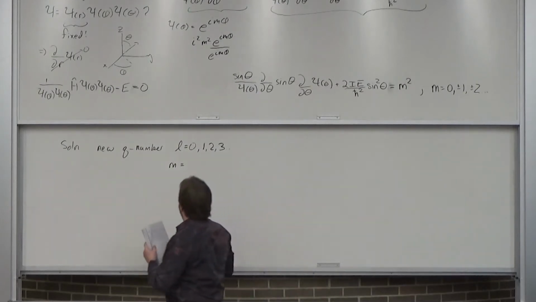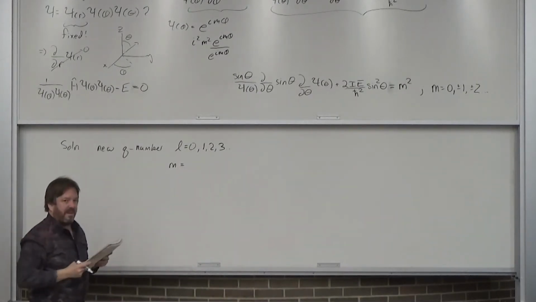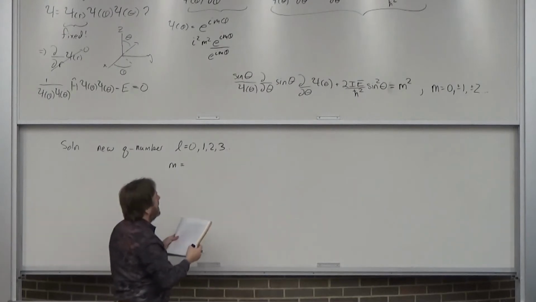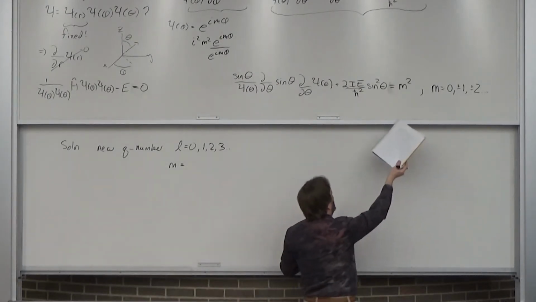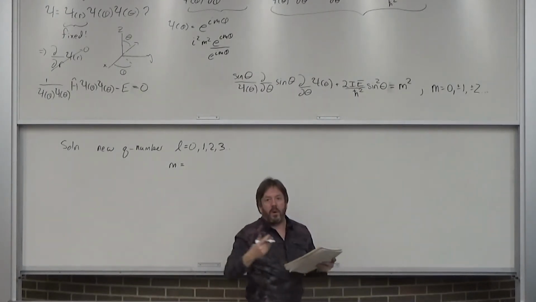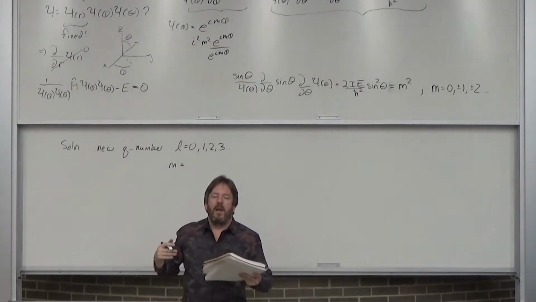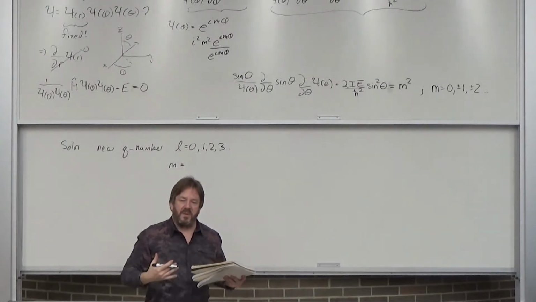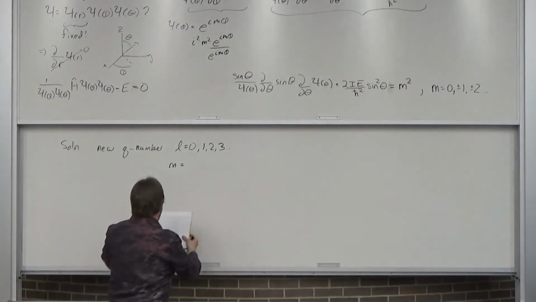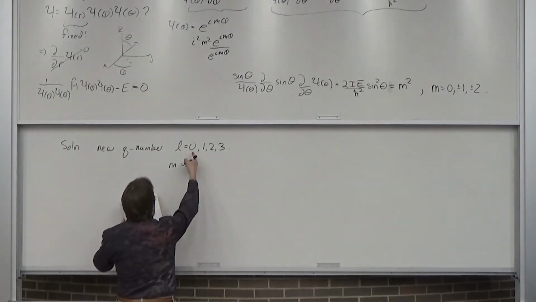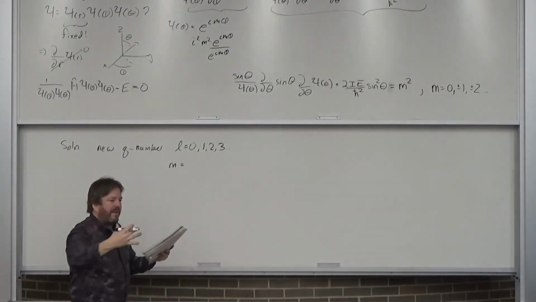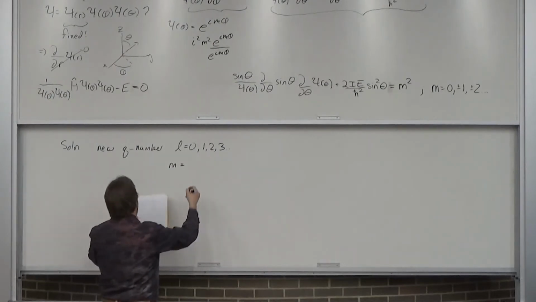What you find is that L can be 0. But then if you plug in bigger numbers of m, 1, 2, 3, 4, on and on, you're going to find more solutions. You make all these solutions and then you find this pattern.